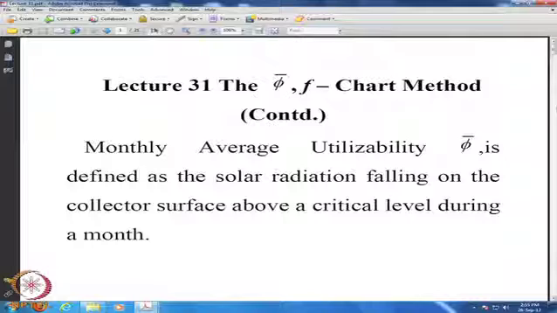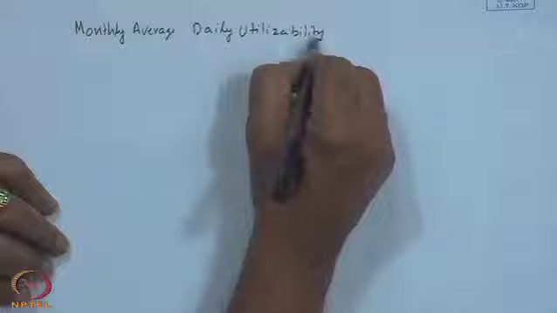First, we defined monthly average daily utilizability, phi bar.